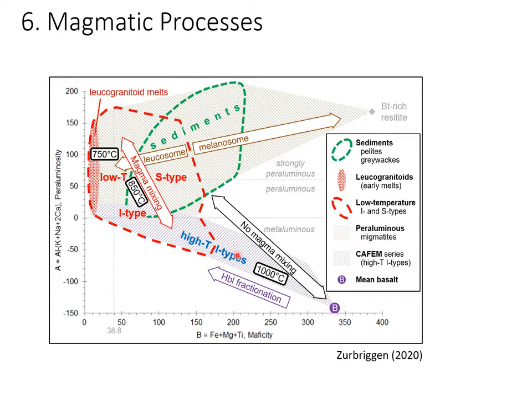The mechanism behind must be another fractionation, which is directed to the composition of biotite. And this is a fractionation which is done by anatexis. So we start melting leucocratic minerals and leave behind melanocratic minerals.